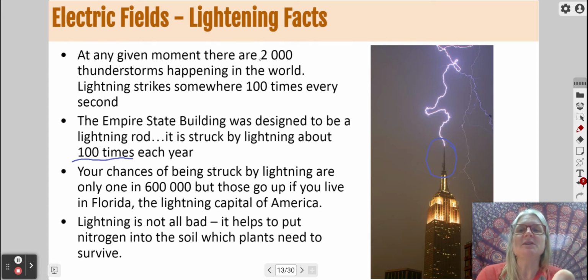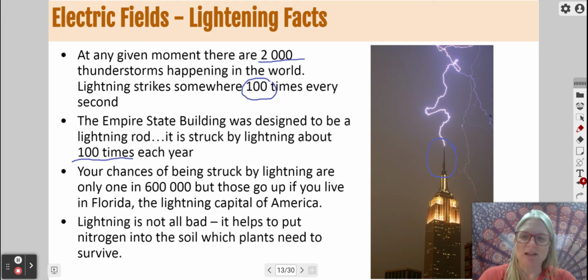At any given moment, there are about 2,000 thunderstorms happening around the world, and lightning strikes 100 times every second. That's just unfathomable. Anyways, interesting little factoids here.